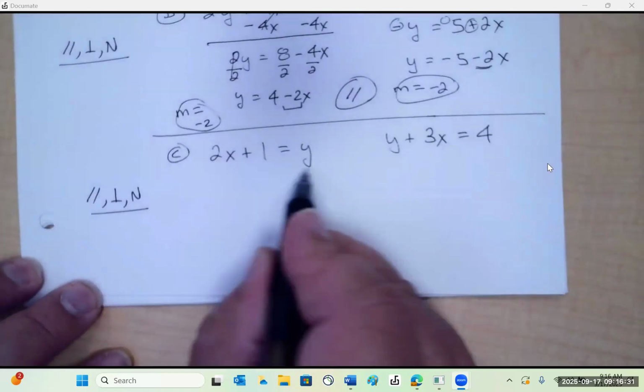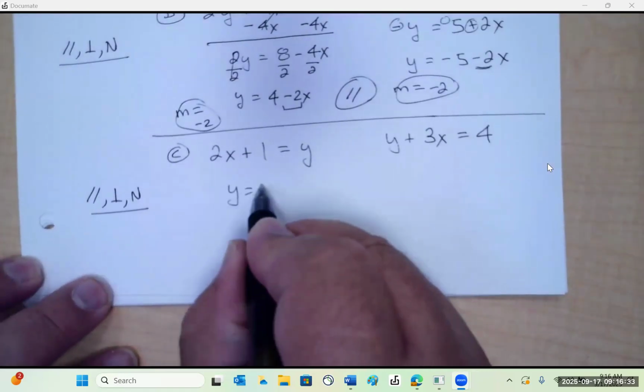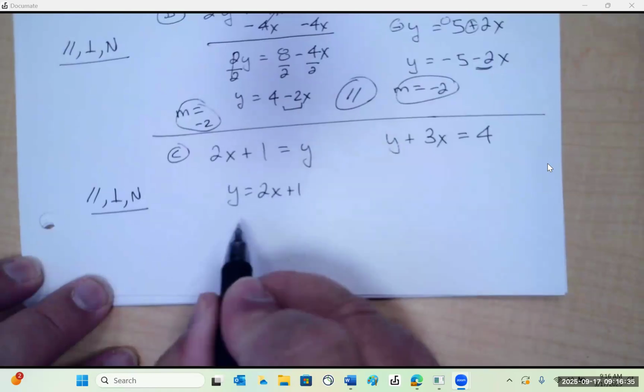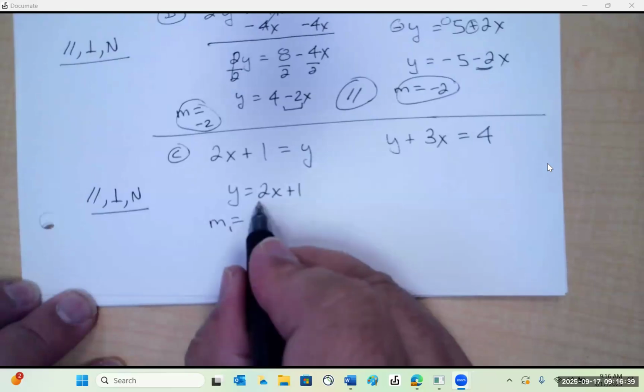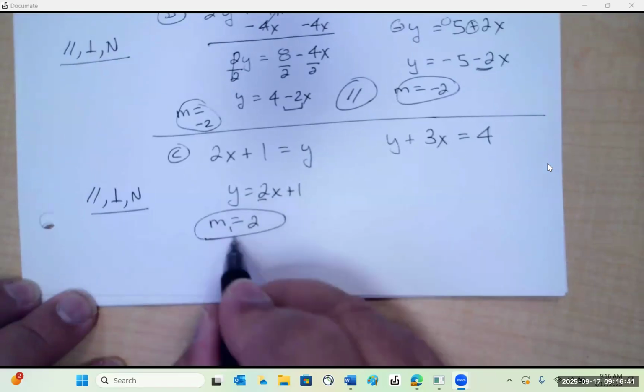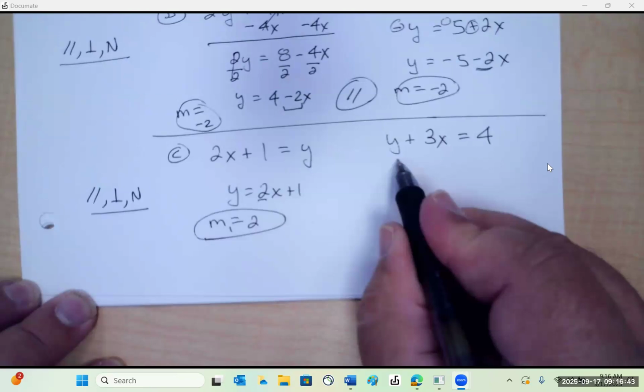Okay, this one's already done, really. It's y equals 2x plus 1. What's the slope of this first line? It's 2. To get y by itself, I've got to do what?